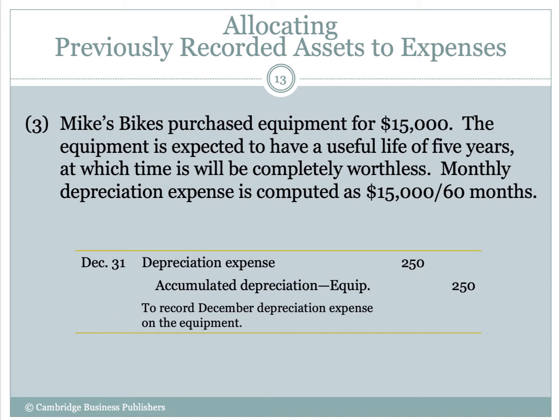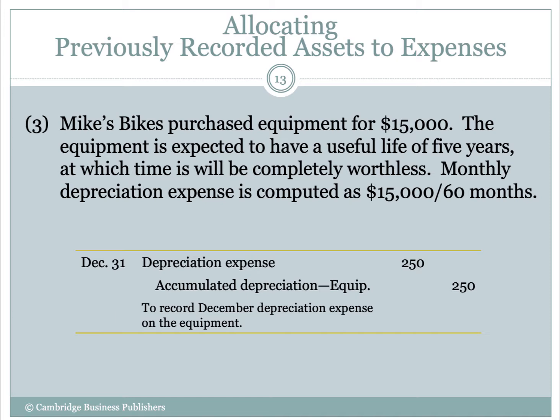So they calculate monthly depreciation expense. They use straight line. Straight line says we take the cost of the asset and we divide it by its useful life, right? Well, 5 years, there's 12 months in a year. So we're basically going to get 60 months use out of this asset. So we need to calculate that depreciation. We need to systematically allocate the cost of that machine to each month that we're going to use it, okay?